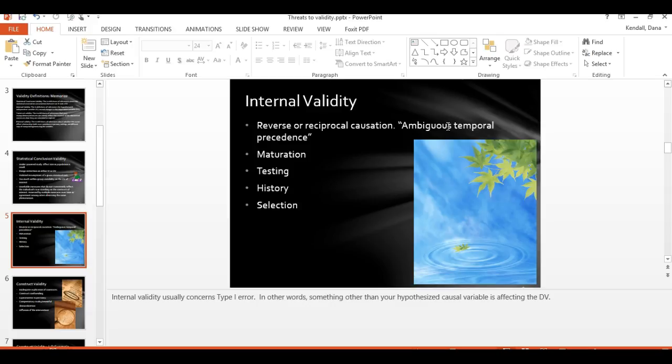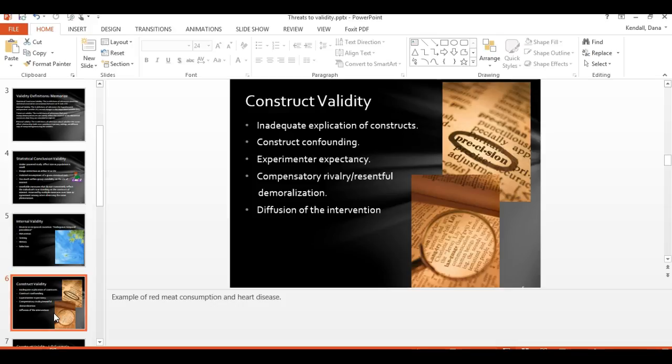For example, people who enter an interpersonal skills training program are more likely to have a propensity to be highly skilled with interpersonal relationships from the beginning. So there are ways to rule these out with design controls, and we'll talk more about that later. It's beyond the scope of this a little bit. I'll touch on it a little further in a future slide, but okay, construct validity.